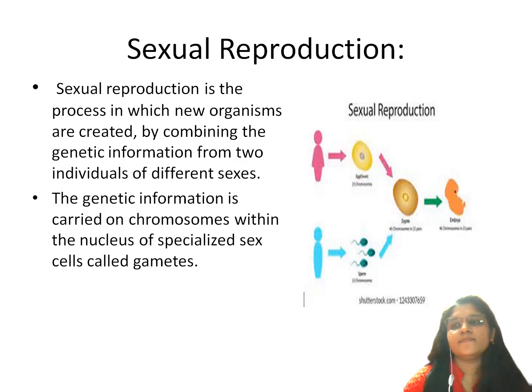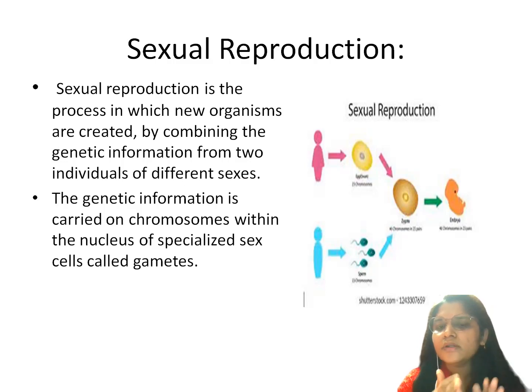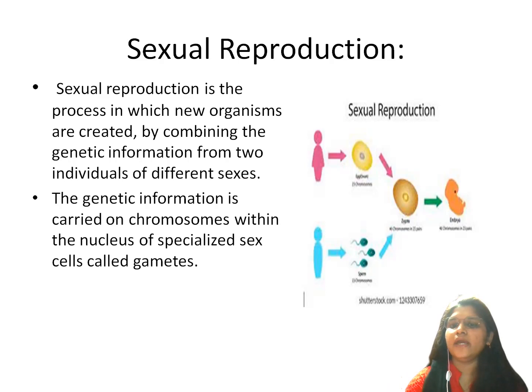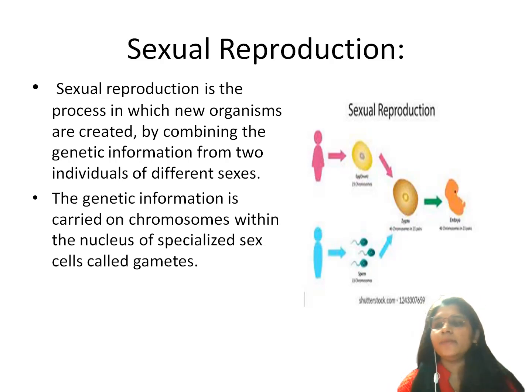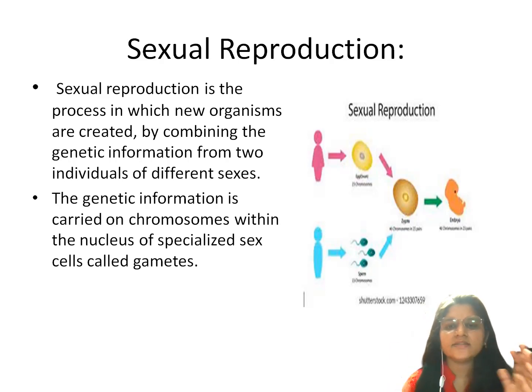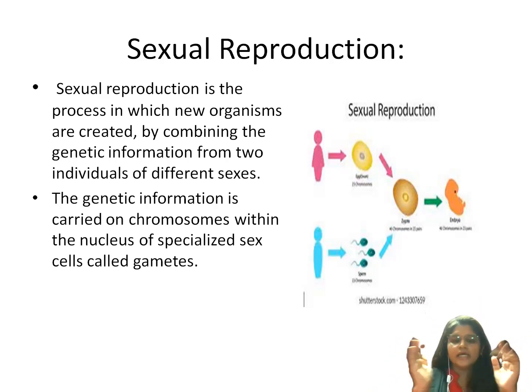Then it undergoes the cleavage stage and many mitotic divisions, and finally an embryo attaches to the uterine lining, the developmental process takes place, and a baby is born. This is the basic process of sexual reproduction.